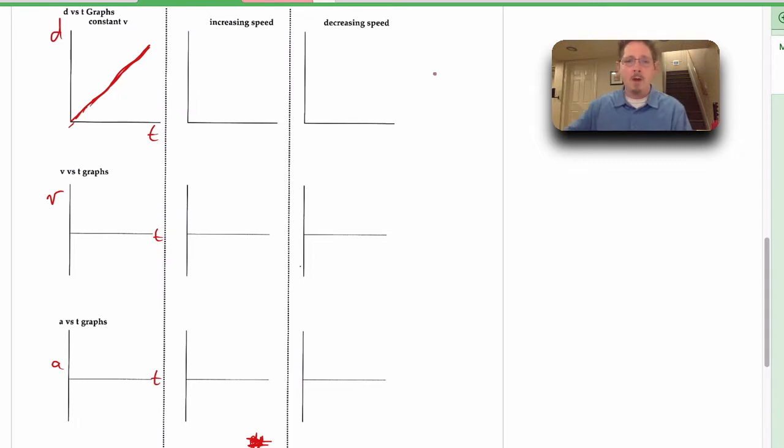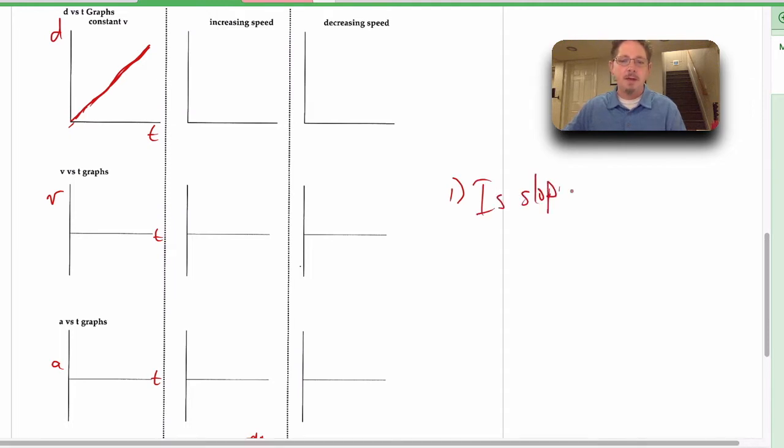All right, well, in order to fill in our graphs and to be able to talk about them, there are three questions that are pretty important and should help you with this. First, is the slope on the graph that I'm looking at positive? Is it negative? Or is it zero?